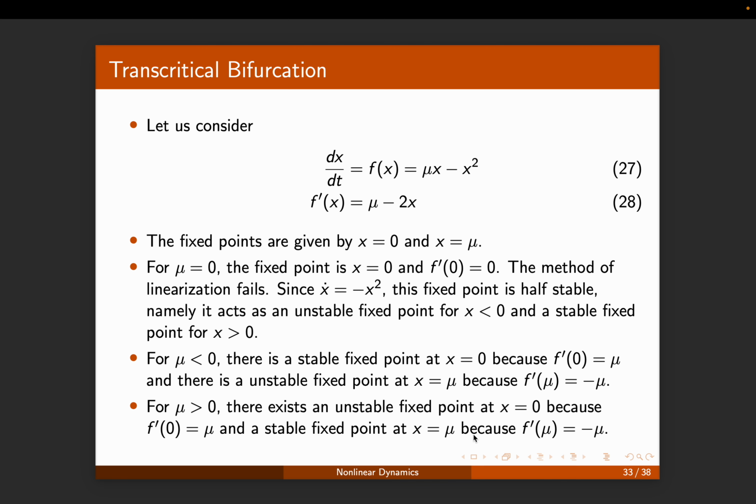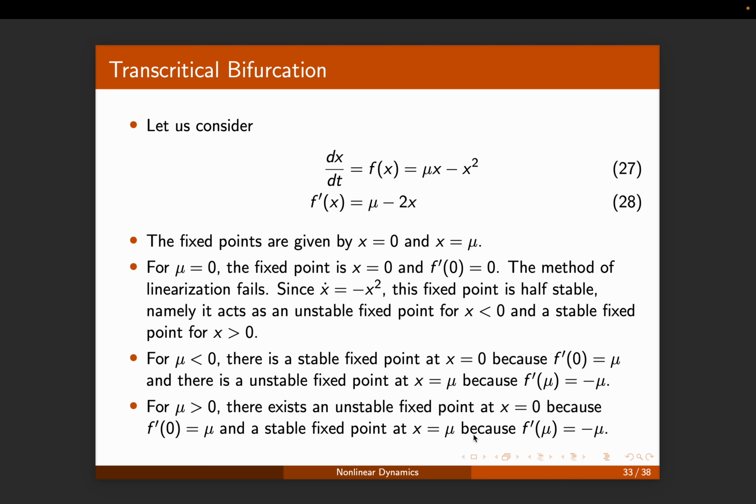But from the dynamical equation x dot equal to minus x square, we can observe that f becomes negative for x greater than 0 and also negative for x less than 0. So therefore x equal to 0 is half stable.